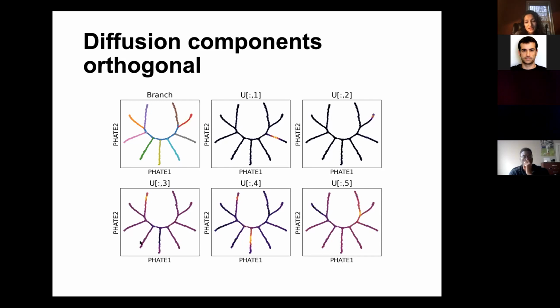In particular, that means diffusion components are really valuable, for example, for clustering. If you take diffusion dimensions and cluster, you can get clusters of all kinds of weird shapes, or for analyzing progressions or trajectories in your data, because by following along these diffusion eigenvectors, you can follow along these progressions.